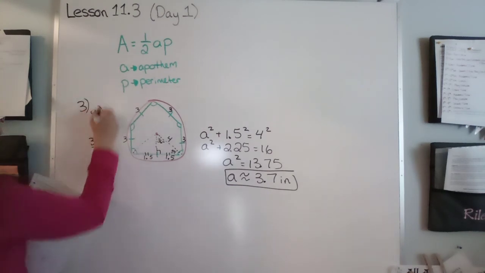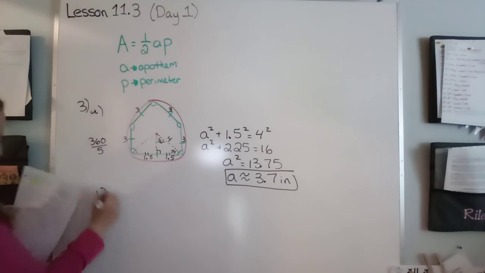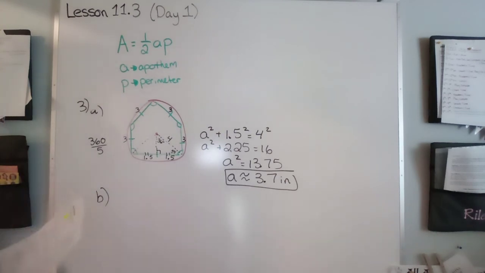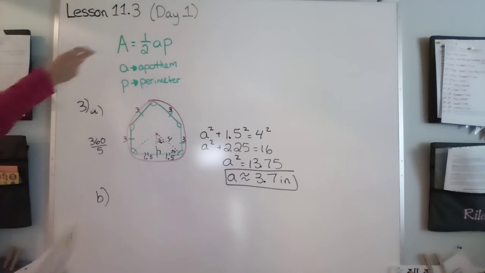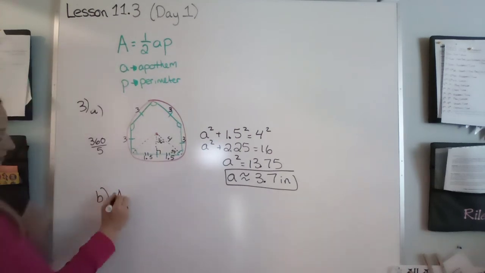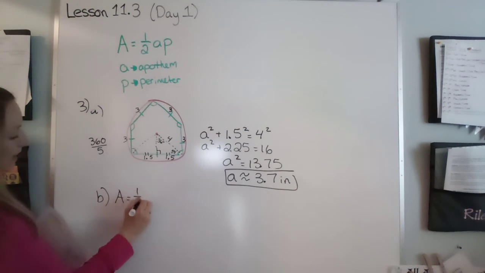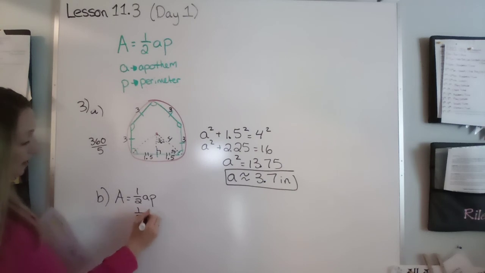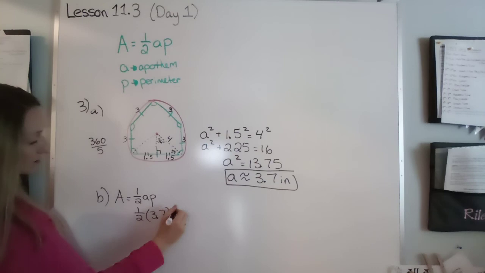Okay. Now for part B, the problem says find the area of the pentagon. So let's try to use this formula. The area is equal to 1/2 a p. So 1/2 times the apothem, which we just found, 3.7, times the perimeter.